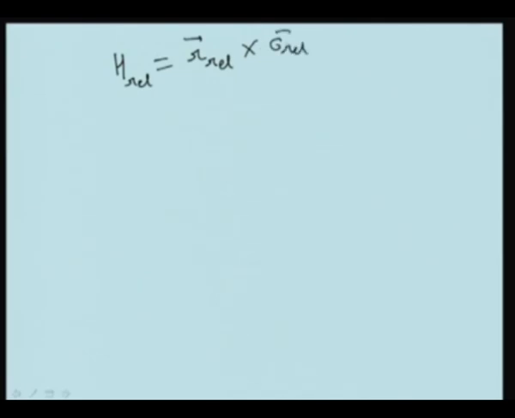Now if you take the time derivative, H dot rel is equal to r dot rel plus G rel plus r rel plus G dot rel.